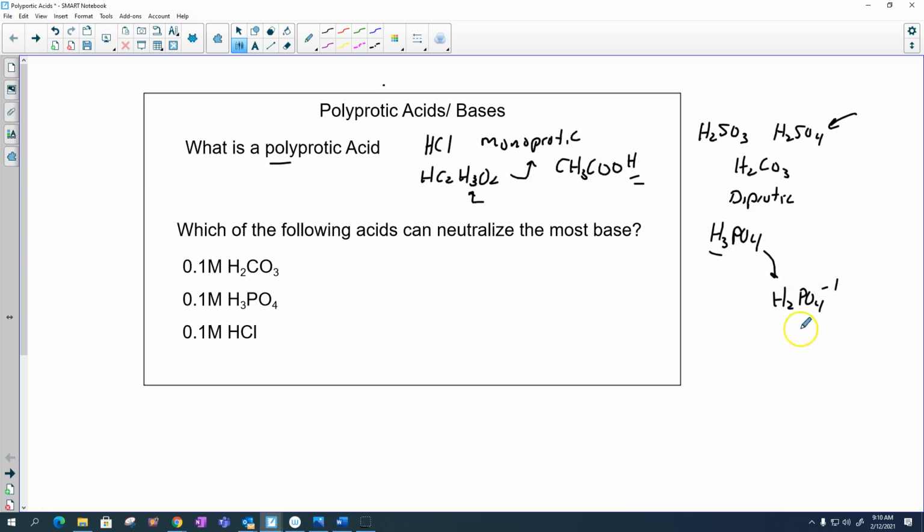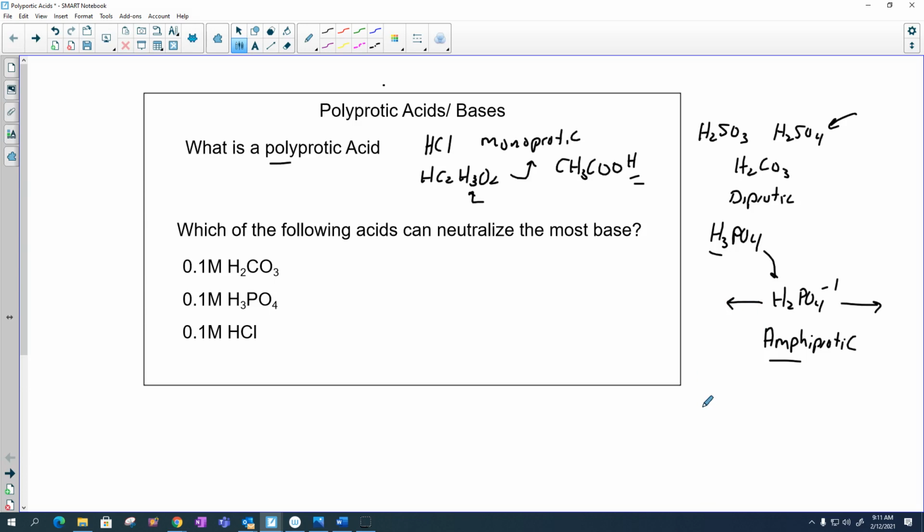This guy here actually has another term we might call amphiprotic, like amphibian. But this is a substance that can either gain an H, or could lose an H. Could go either way. So it's polyprotic, diprotic, and amphiprotic. It's a small little detail.